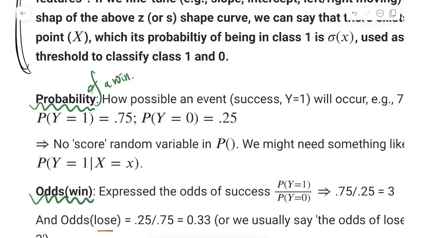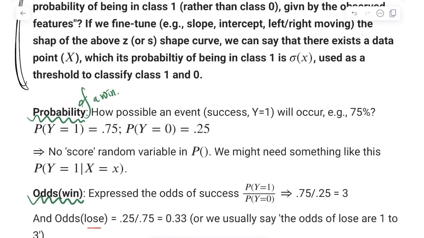Take an example: if you are a team manager and you always win 3 games out of 4, that is win, and that is lose. So when we talk about the probability of a win, that is very simple.